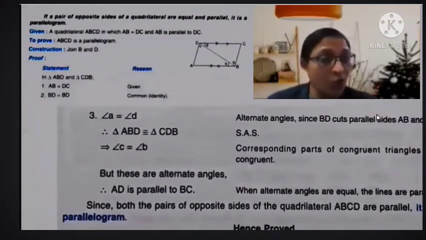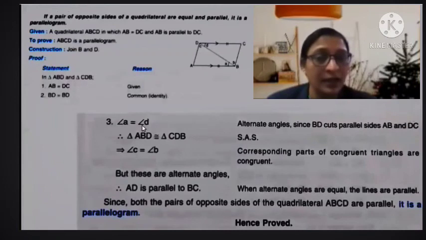Side BD is a common side, and angle A equals angle D, as it is the alternate angle formed due to BD, which cuts the parallel sides AB and CD. So it proves triangle ABD is congruent to triangle CDB.